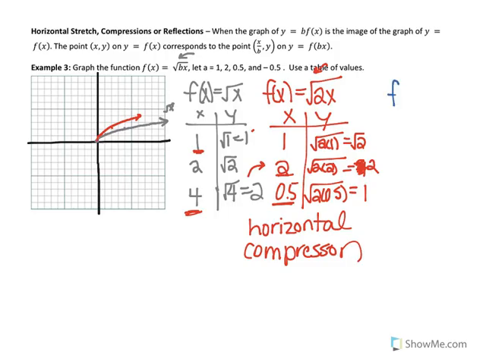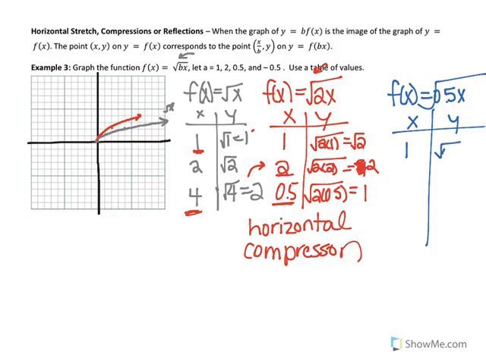So let's do another one. Let's do 0.5x. If I plug a 1 in, I would get the square root of 0.5 times 1, so the square root of 0.5. Not so useful. Let's plug a 2 in. The square root of 2 times 0.5 is the square root of 1, which is 1.